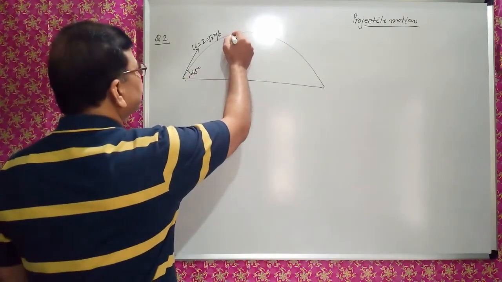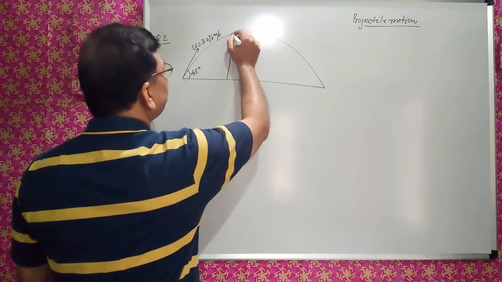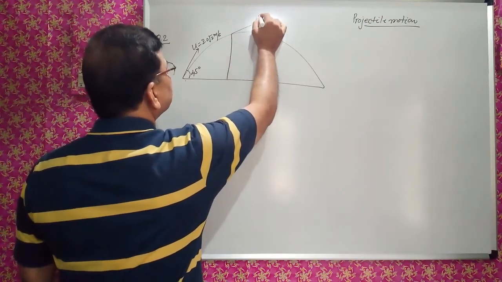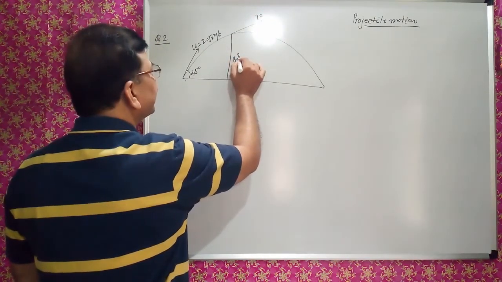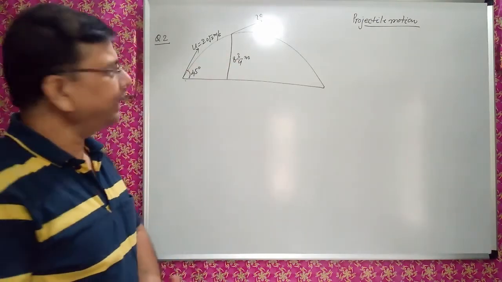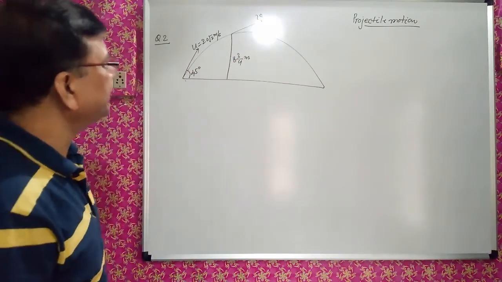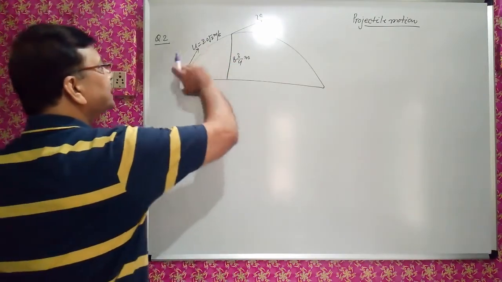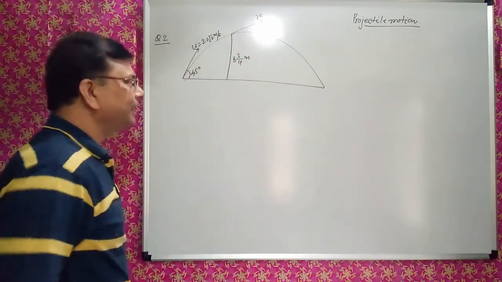So at what velocity will it be moving? Suppose its velocity is v at the height of 8.3/4 meter. What is the velocity and its inclination with horizontal? This is to be found out. This initial velocity is given, velocity is required over here at the height of 8.3/4 meter.